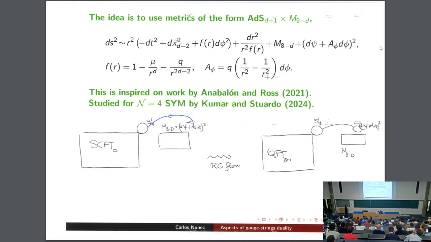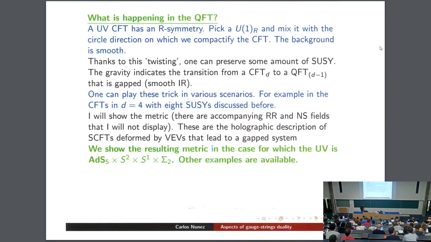So once again, the idea is to take a CFT, wrap it on a circle, mix it with the R symmetry so that supersymmetry is preserved, and go along the flow and end up in a quantum field theory in one dimension less with a similar structure of R symmetry. So this is once again what's happening in the quantum field theory. There is a UV CFT with an R symmetry.